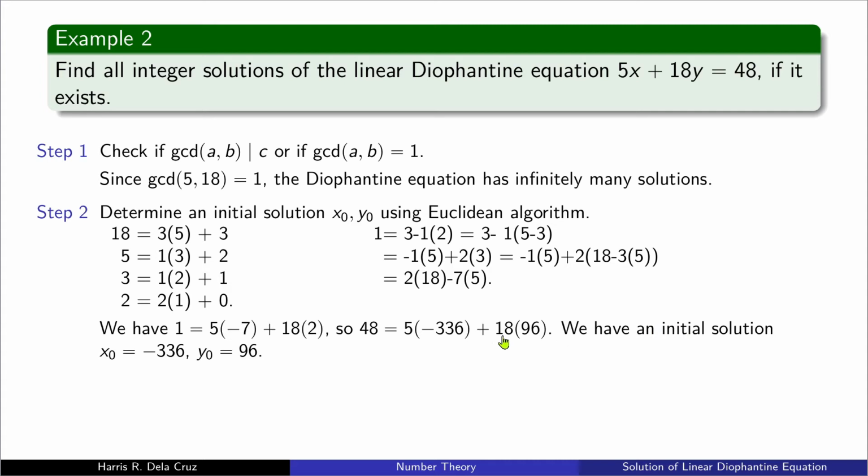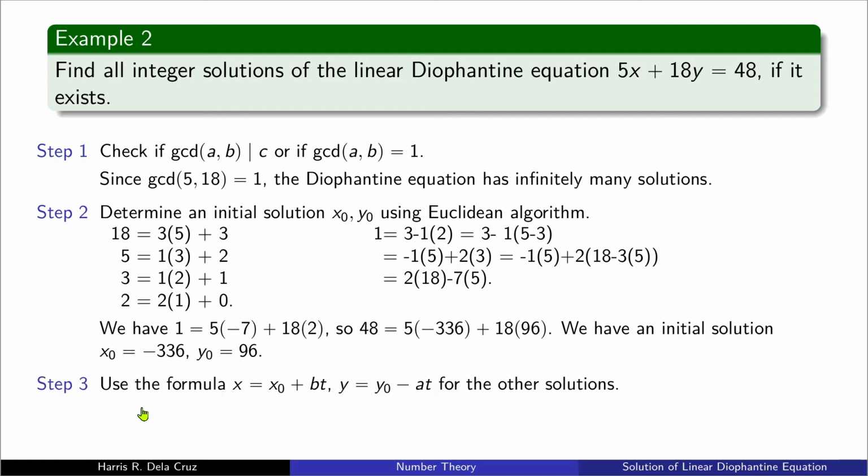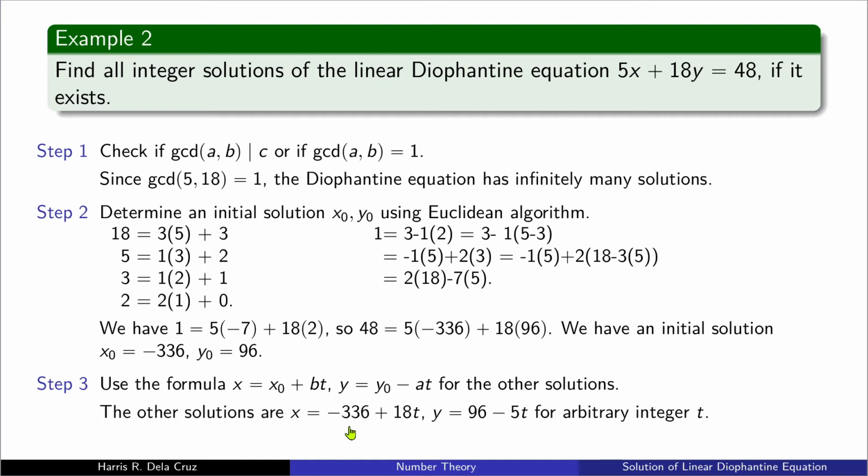We have an initial solution, negative 336 for x sub 0 and 96 for y sub 0. Now, using this formula, x equals x sub 0 plus bt and y equals y sub 0 minus at, we get the other solutions. x equals negative 336 plus 18t, y equals 96 minus 5t for any arbitrary integer t.